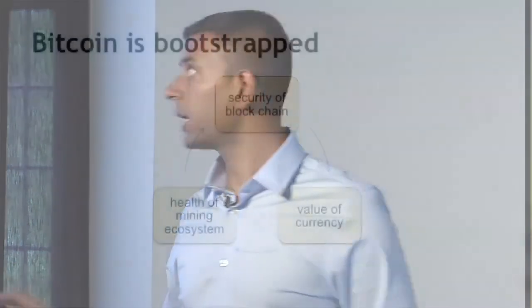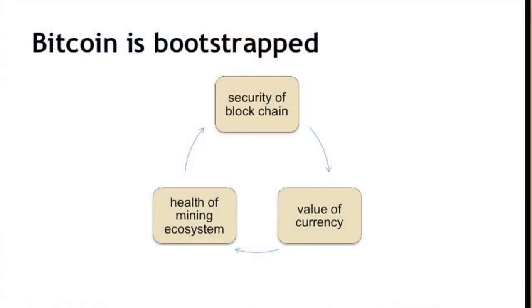Now I want to show you another subtle idea, which is very tricky, and it's this very neat idea of bootstrapping that I really found intriguing the first time I encountered it, and so I want to share this with you. So what do I mean by bootstrapping? I mean the tricky interplay between three things in Bitcoin. And what are these three things? Let's start from the notion of security of the blockchain.